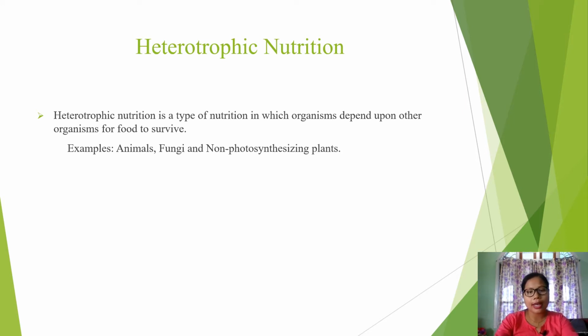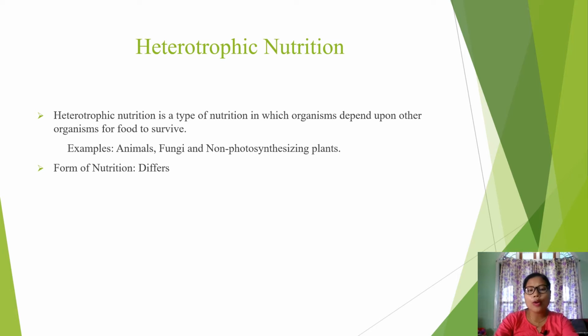Then fungi, for example mushroom, also depend on other organisms. And non-photosynthesizing plants simply means plants which cannot synthesize their own food with photosynthesis, so they depend on other organisms. Example, insectivorous plants also depend on other organisms for food.